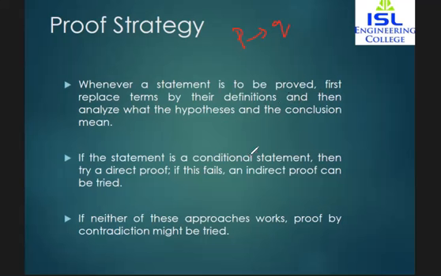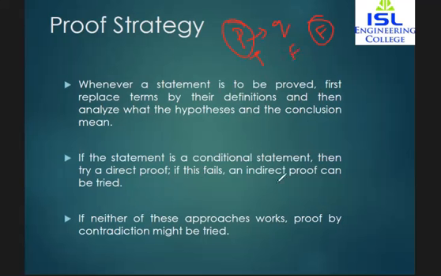If a statement is a conditional statement, then try a direct proof. So if you have a conditional statement P implies Q, then for a direct proof we have to prove that this is true, and if P is true and Q is false, then only is it false. All the other cases will be true. So this is your direct proof.